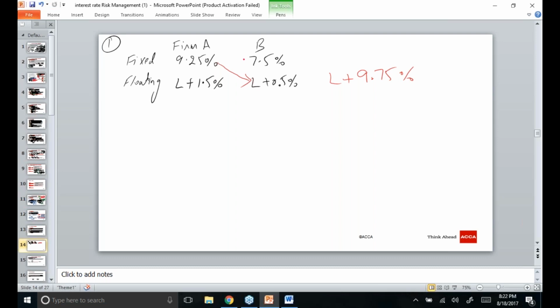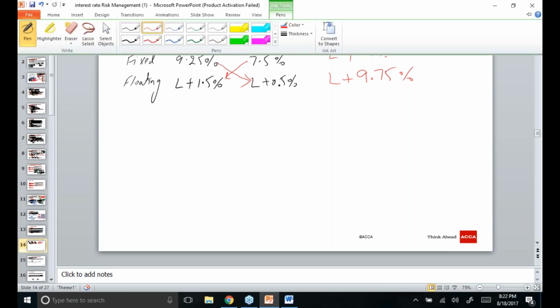Another contract can be B company borrows at fixed and A company at floating. It will have a cost of LIBOR plus 9%. So definitely this is a cheaper structure.